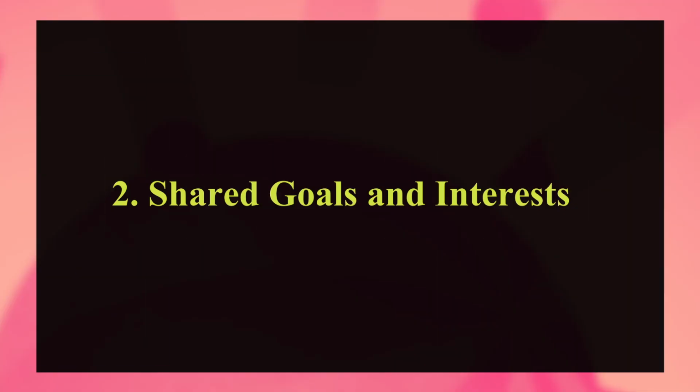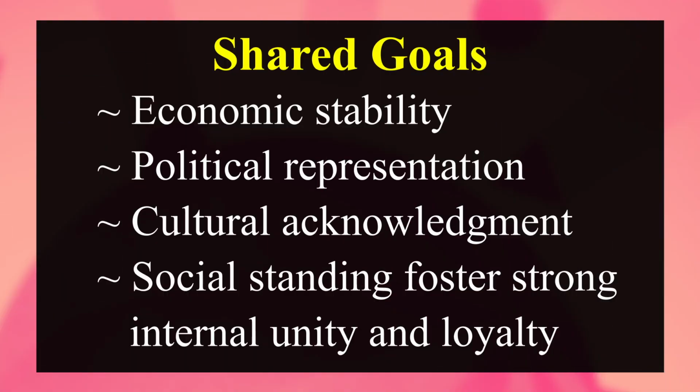Number second, shared goals and interests. A key characteristic of group conflict is the existence of mutual objectives, beliefs, and interests among group members. These shared goals, such as economic stability, political representation, cultural acknowledgement, or social standing, foster strong internal unity and loyalty.